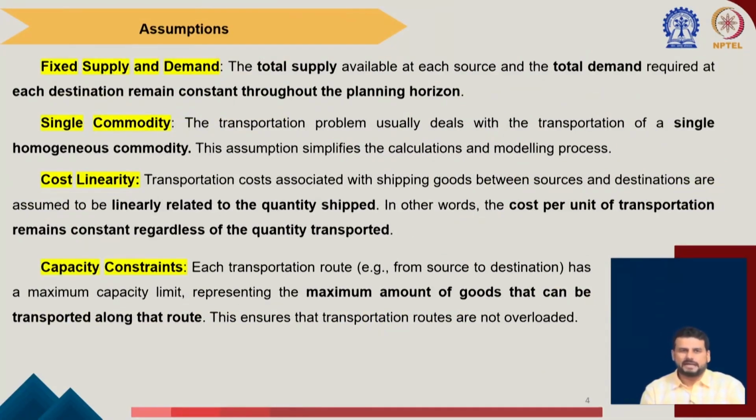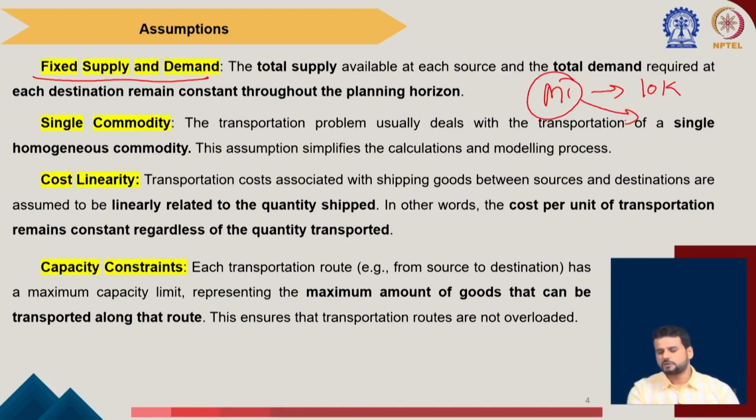So assumptions, I will quickly talk about the assumptions. Fixed supply and demand. This model is based on the assumption that the demand is fixed and supply is fixed, which is not practically the case. Maybe from market 1, today you are getting demand for 10,000 products, tomorrow you may get for 12,000.